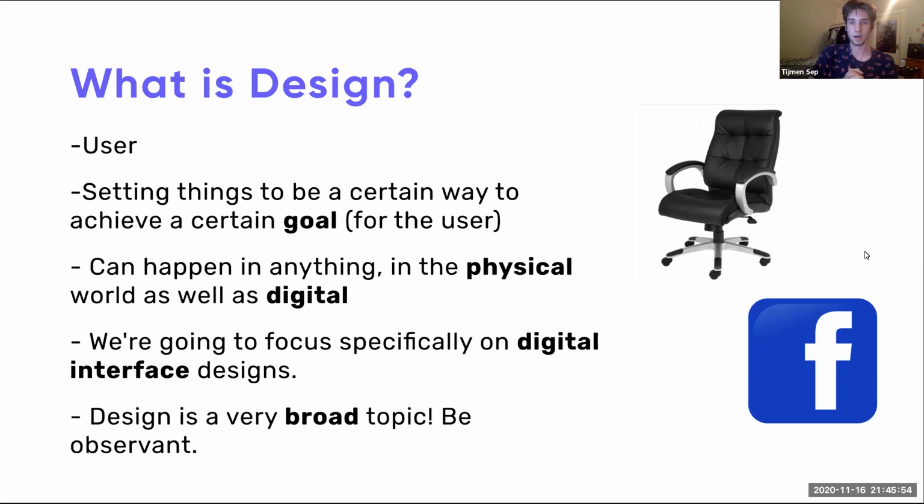Why did the designer choose to add this specific feature? Why did they choose to add this button in this specific spot? What purpose does that have for the user? It's also useful to consider the user of every product and how that product tends to the user.